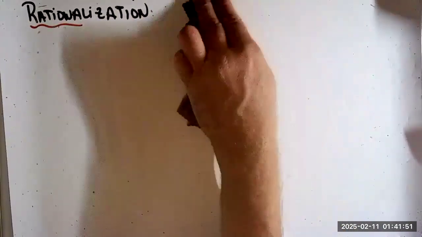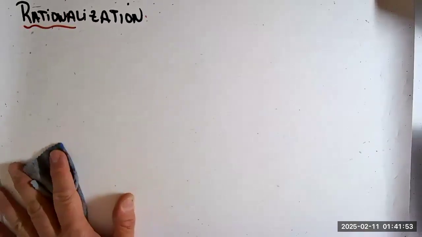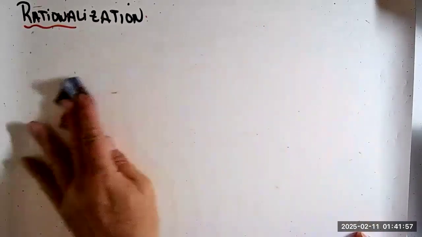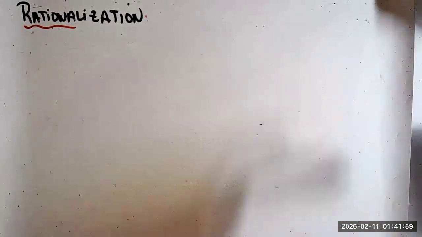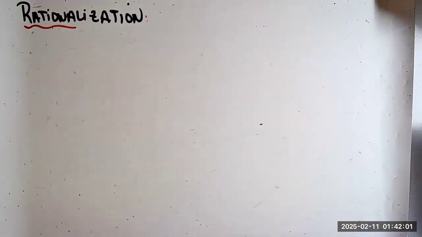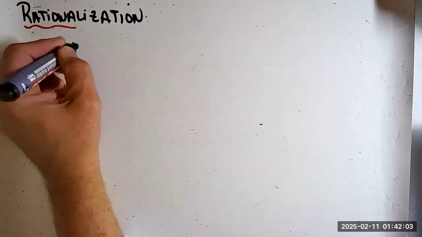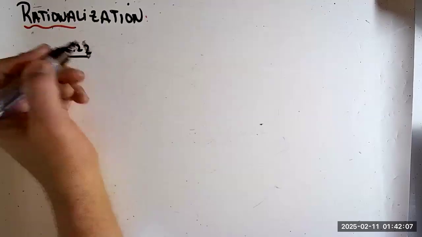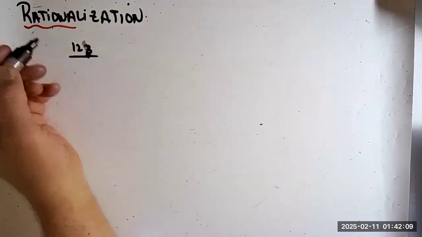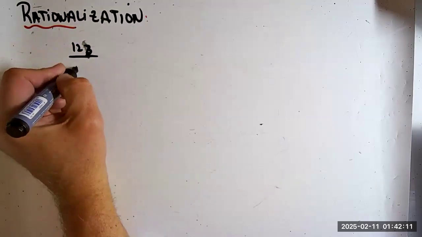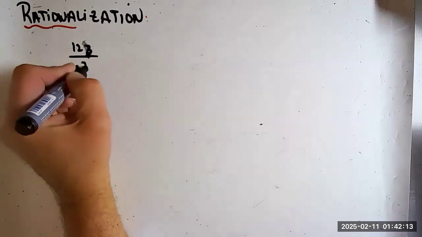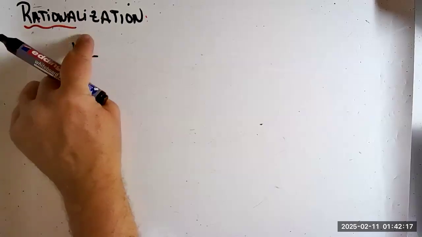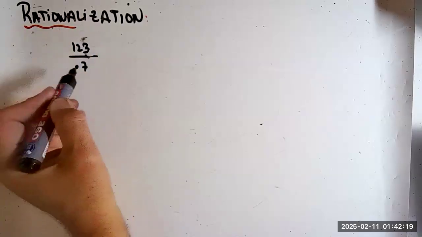Of course, we cannot divide by a decimal. We just can't, right? For example, if I have to do 123 divided by 0.7, I cannot divide by 0.7. What do I do?